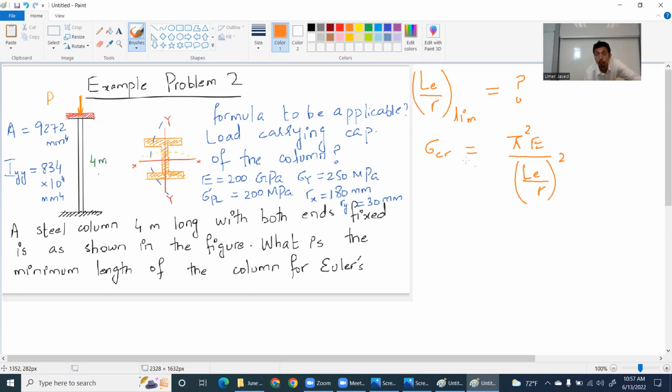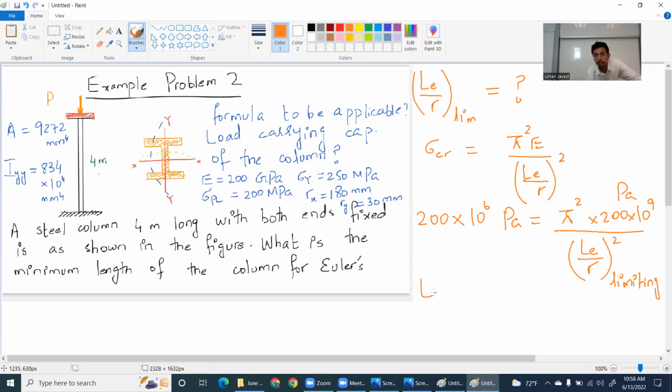This time I will say sigma critical is the proportional limit, 200 into 10 power 6 pascals, equal to pi square multiplied by elastic modulus, 200 into 10 power 9 pascals, divided by LE over R limiting.